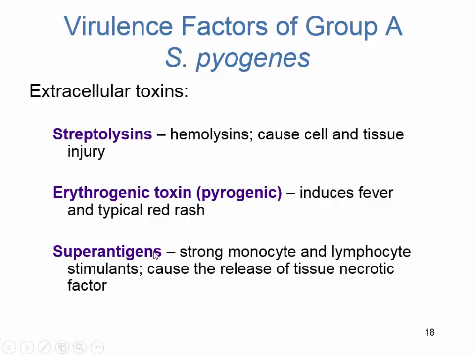Additionally, there are superantigens. So superantigens are distinct destructive antigens that are secreted by Streptococcus pyogenes, and they initiate a very, very strong immune response. And so instead of being recognized by the immune cells in a typical fashion, they are recognized by binding just only a portion of the immune receptors.